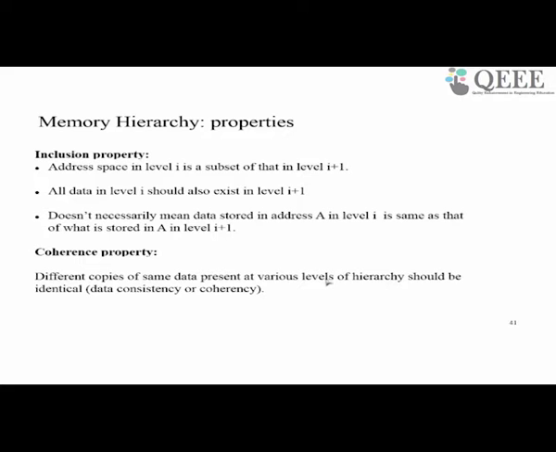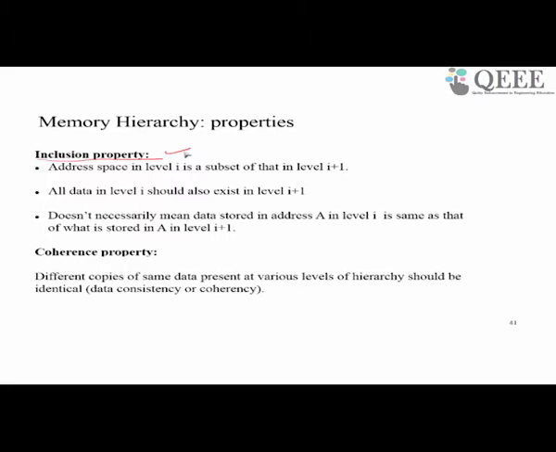Then the way the data gets stored has to obey some property. One property is called the inclusion property, which is generally obeyed, but in certain cases it can be relaxed. What it says, the inclusion property is the address space of the level i is a subset of the level i plus 1, which means whatever data is present in level i should also be present in level i plus 1.